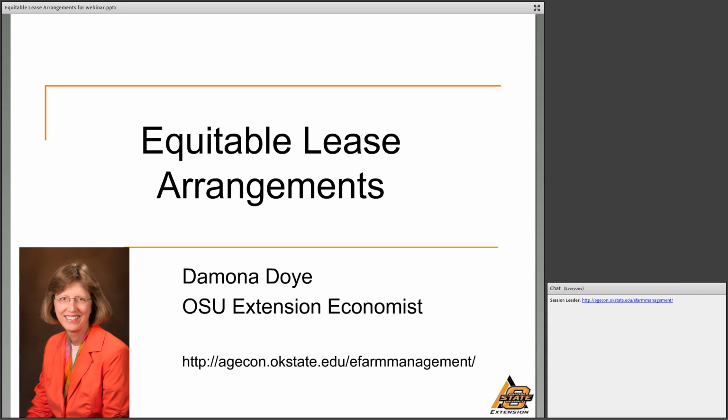Fixed costs include insurance and taxes, plus ownership costs such as depreciation on machinery and equipment, and of course the opportunity cost on the value of money tied up in the assets. These are a little more complicated to calculate, so I've got some alternatives on the next slide.